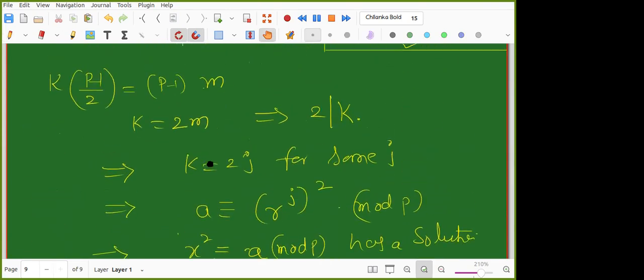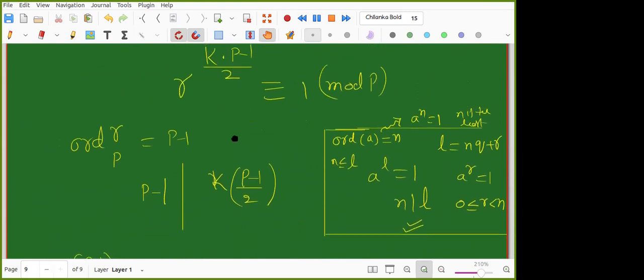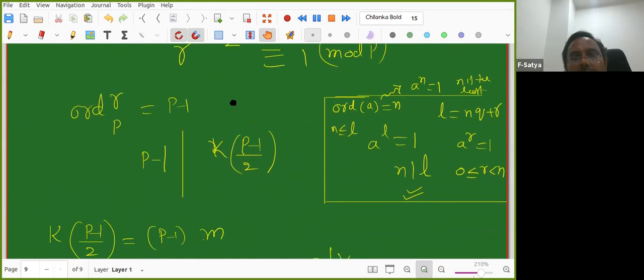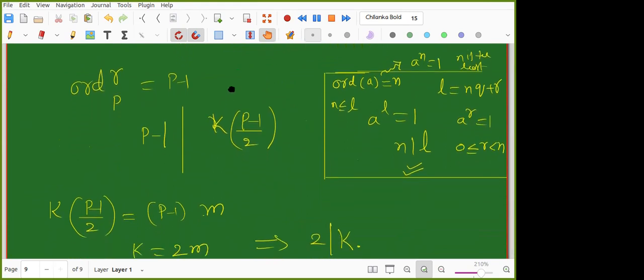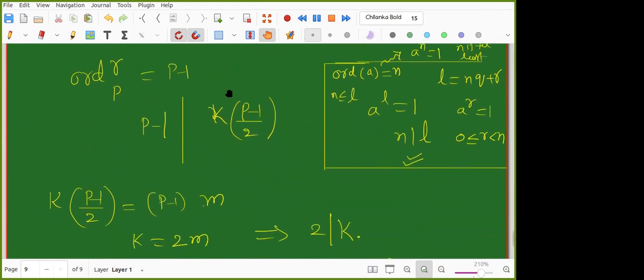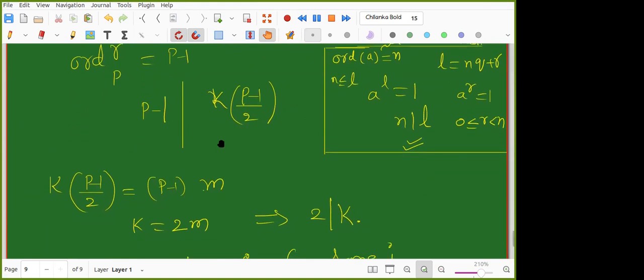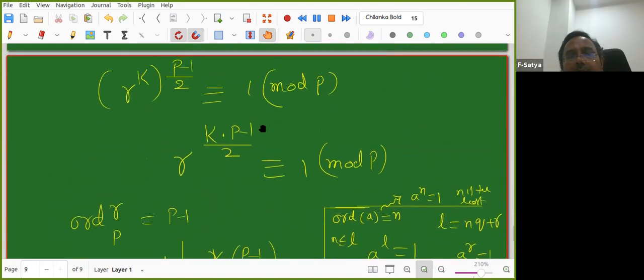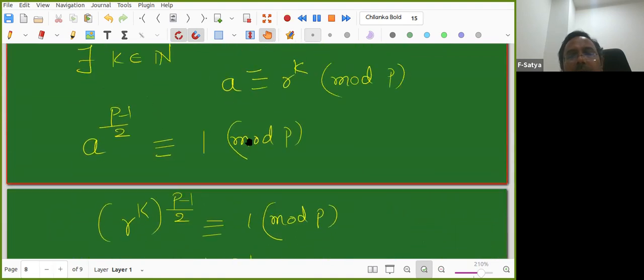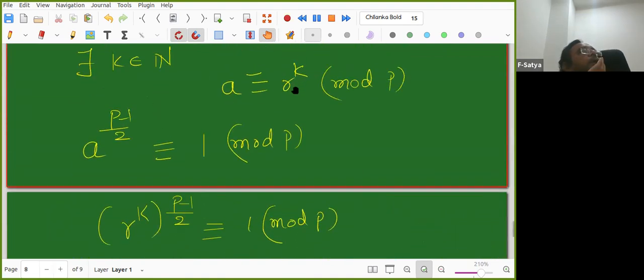Yes, sir, I had one doubt. Could you stop here? You have written p-1 divides k times (p-1)/2. But if k was 1, which we have not assumed, then this would not happen, right? So k equal to 1: a equal to r^k.